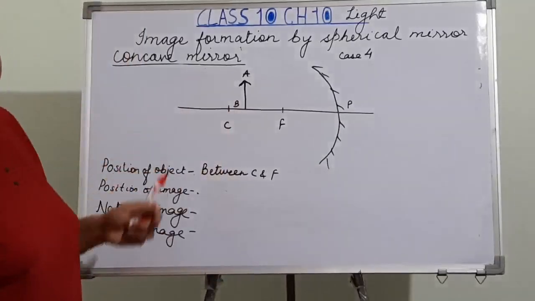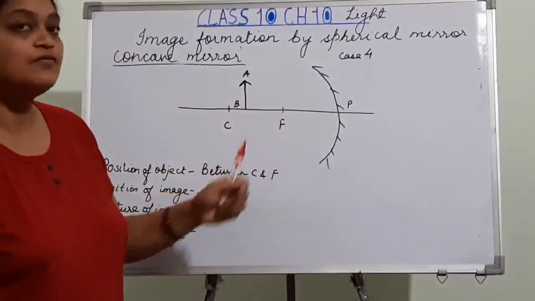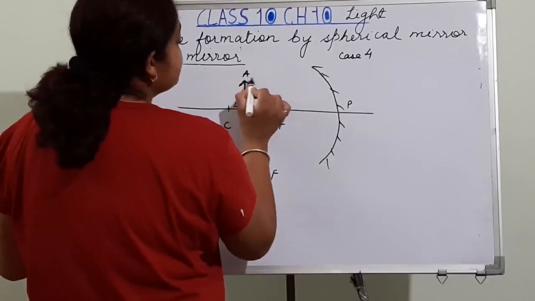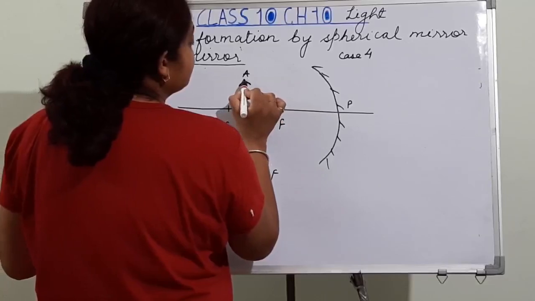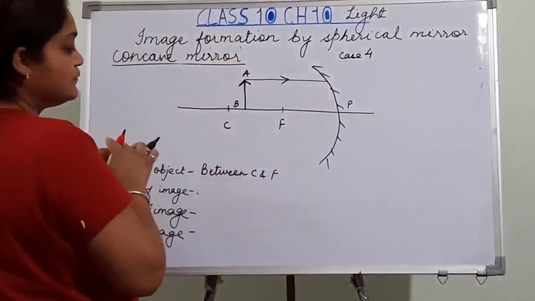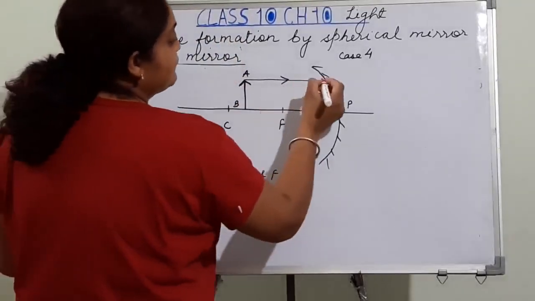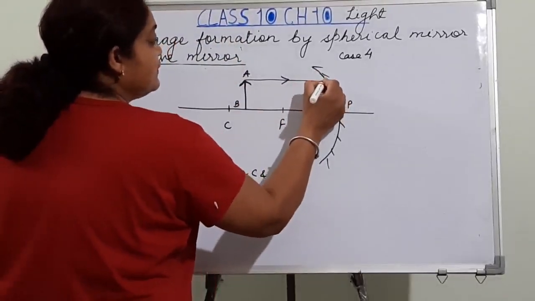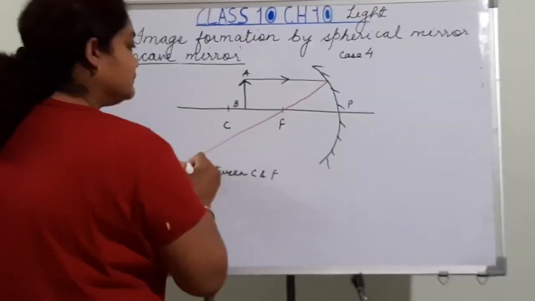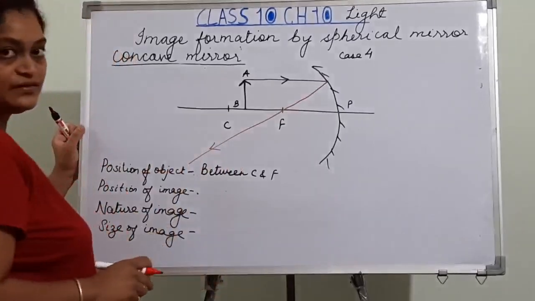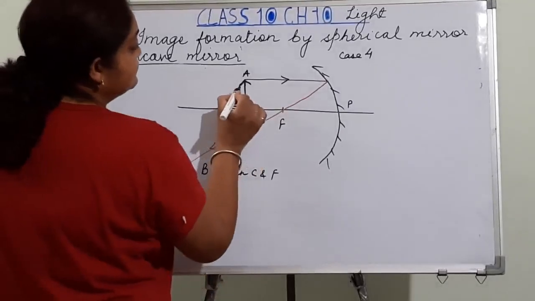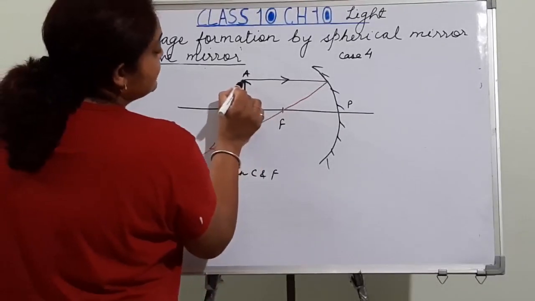So the object is placed between center of curvature and focus. The first ray we will take parallel to the principal axis. After reflection from the mirror, it will pass through focus. So this is the reflected ray. Second ray, passing through focus.